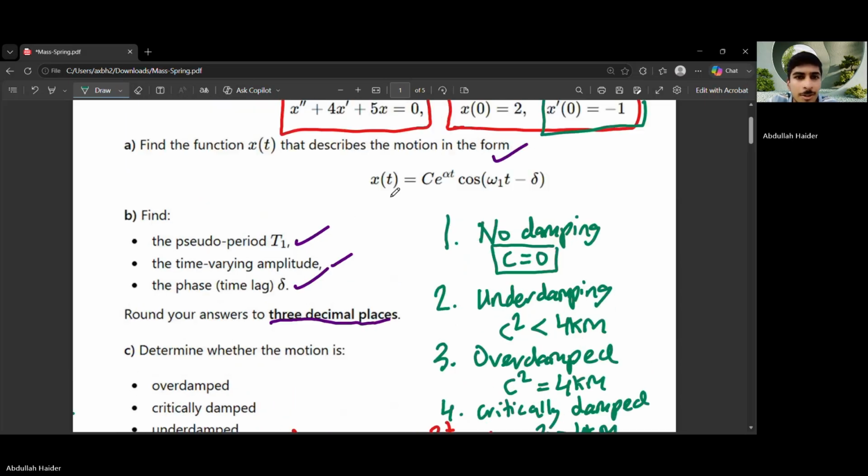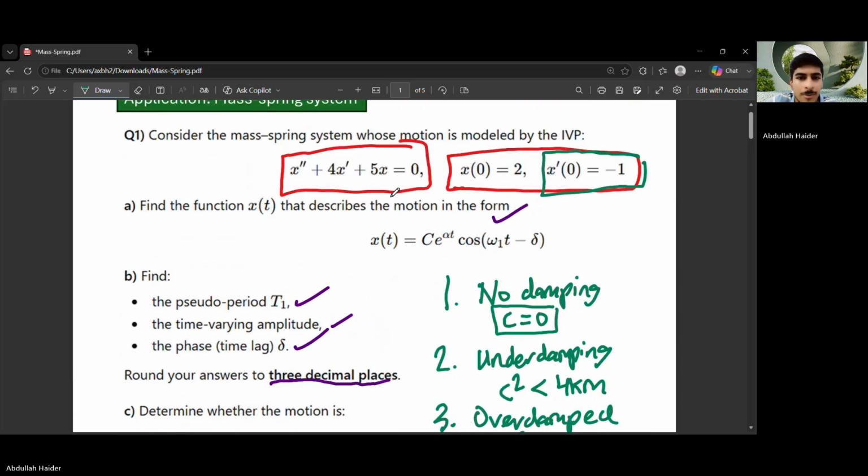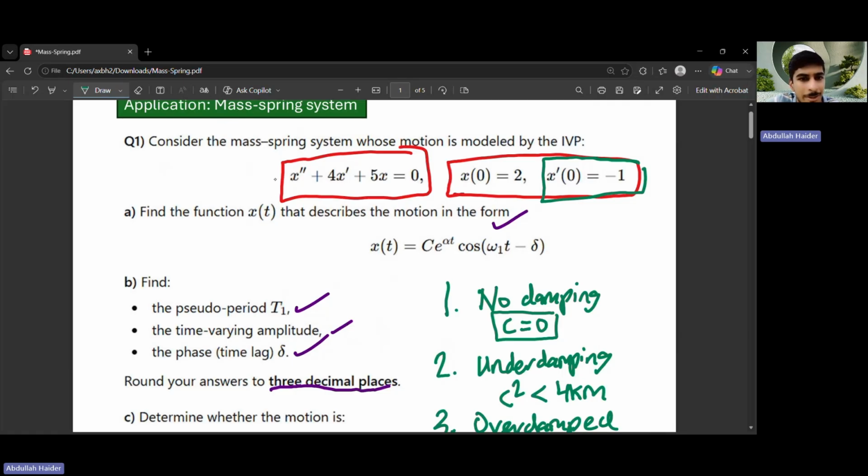All right. So we know that this was written in the form of m x double prime plus c x prime plus k x is equal to 0 in this question. So our m is equal to 1, our c is equal to 4, and our k is equal to 5.